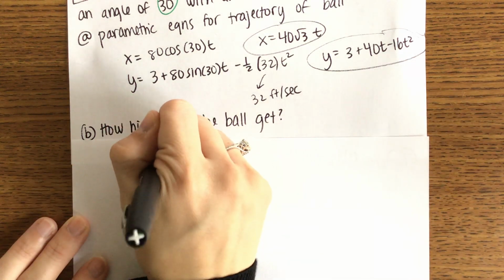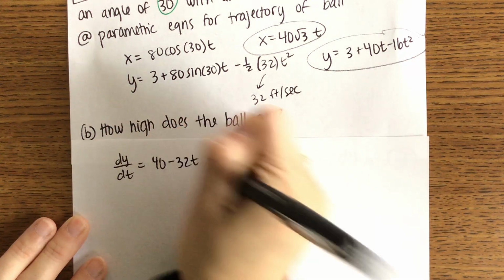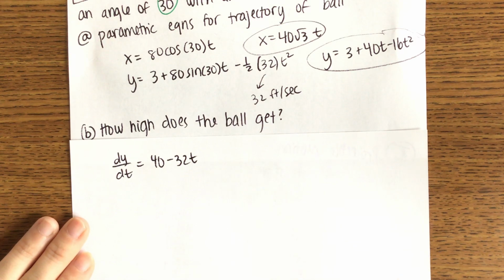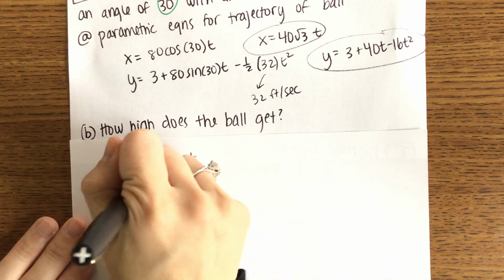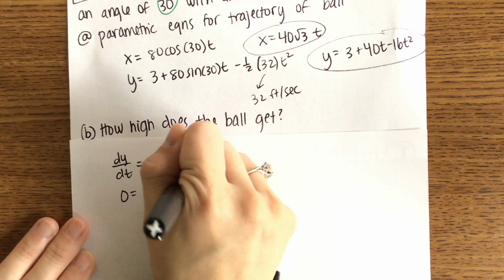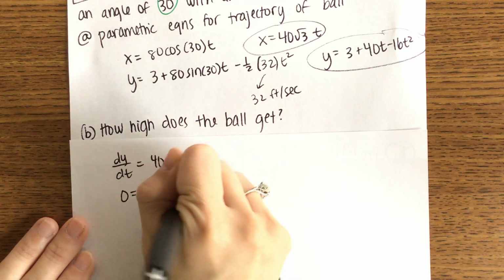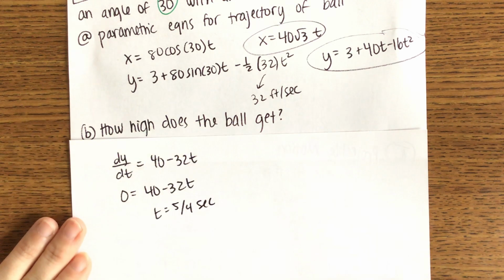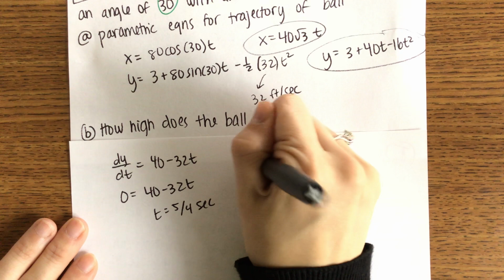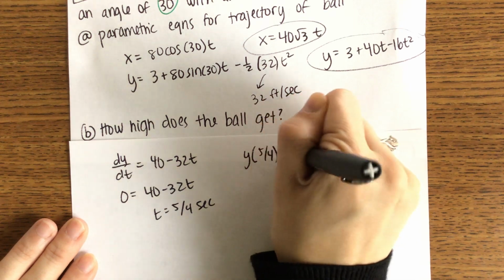So we get 40 minus 32t. Any extrema are going to happen when the derivative is 0 or undefined. If I set that equal to 0, I get t to be 5 over 4 seconds. Okay, if I plug in 5 over 4, I get 28 feet.